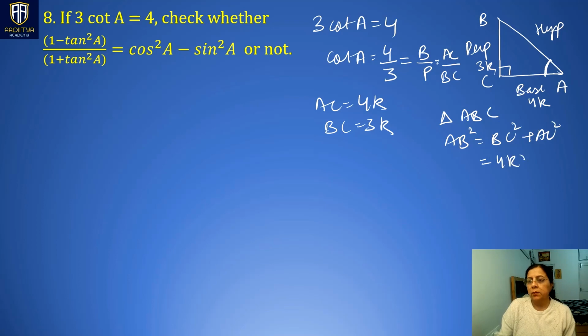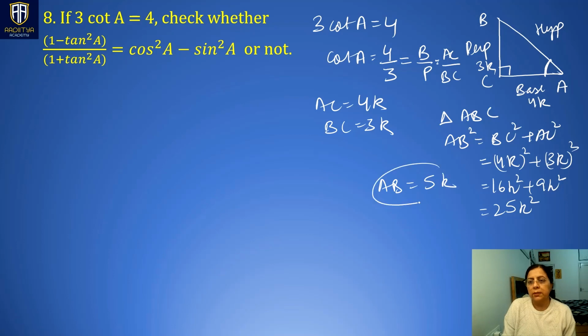This is 4K whole square plus 3K whole square. So we have 16K square plus 9K square, which is 25K square. Take square root on both sides. AB is 5K.